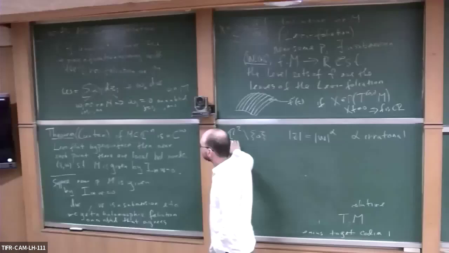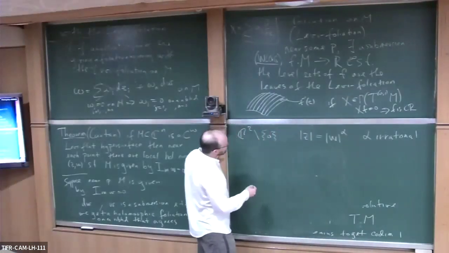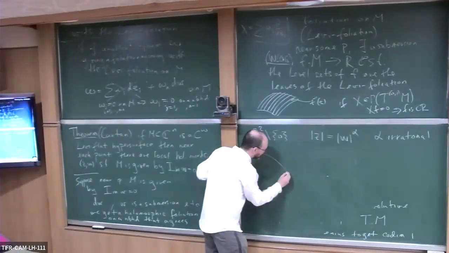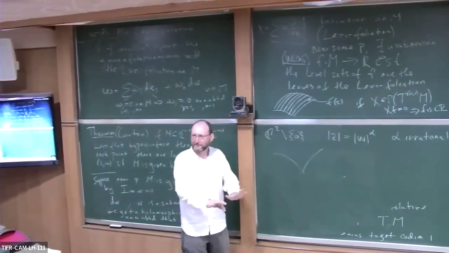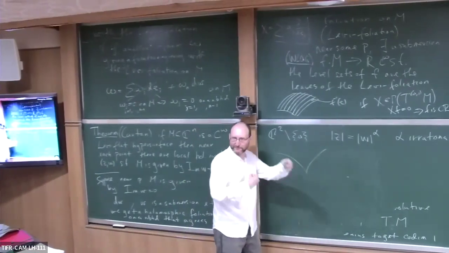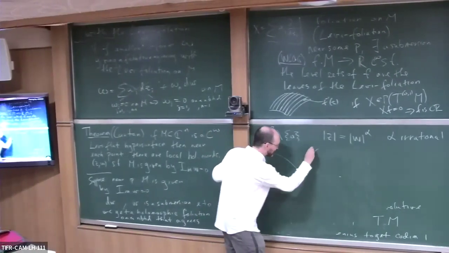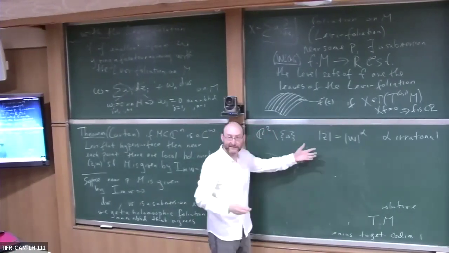This would give you a Levi-flat in here, but you would still get a foliation in a neighborhood. It's a really fake picture, but it would look sort of like this, rotating around itself. You couldn't get a foliation in a neighborhood of 0.